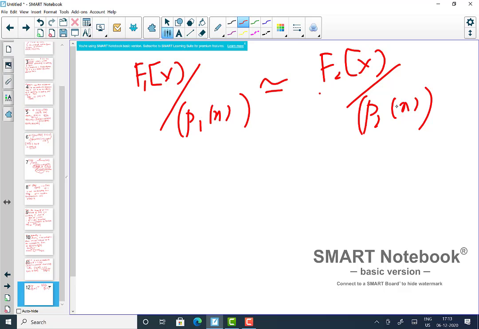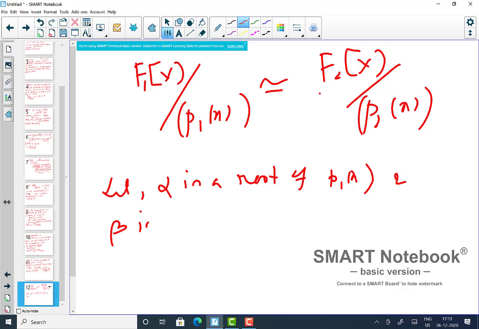Now suppose alpha is a root of p1(x), and you choose beta to be a root of p2(x).